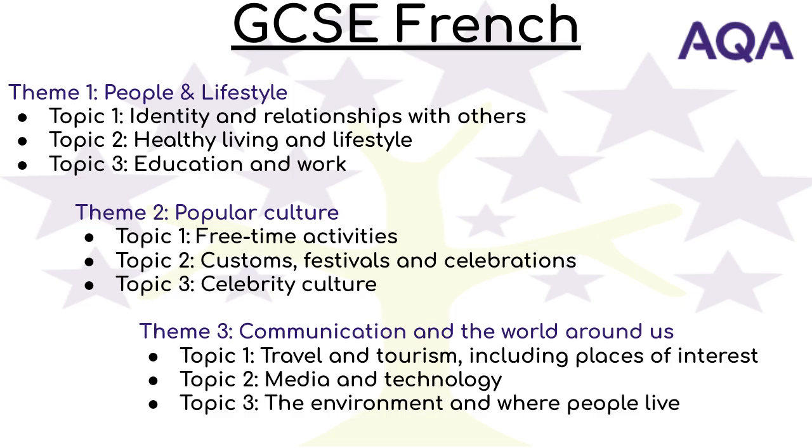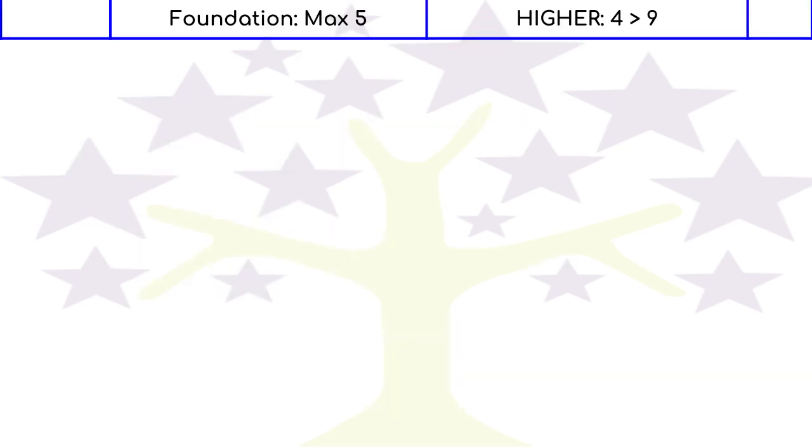So quite a lot of those you have covered. But obviously, as we go into GCSE, we look at them in a bit more depth, more complex language, a bit more with a global perspective. And that is to prepare you for your final exams, which do all take place at the end of year 11.